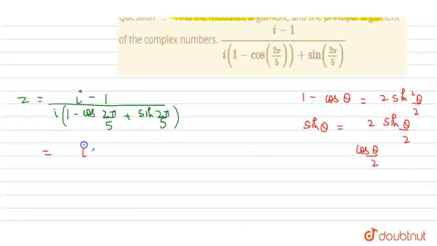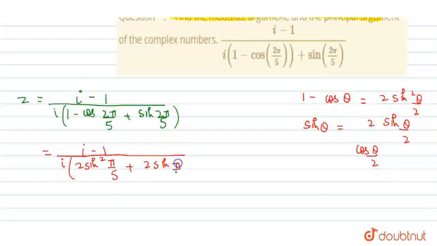So it will be iota minus 1 upon iota into 1 minus cos theta, which is 2 sin square theta by 2, where theta is 2 pi by 5. So 2 pi by 5 upon 2, the 2 cancels out, and sin square pi by 5 is left. Similarly, sin 2 pi by 5 is 2 sin pi by 5 cos pi by 5.